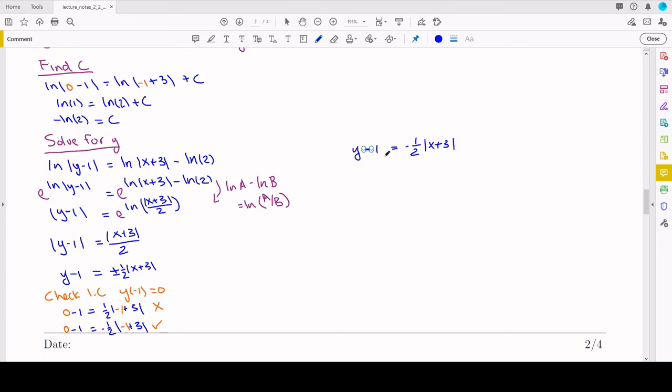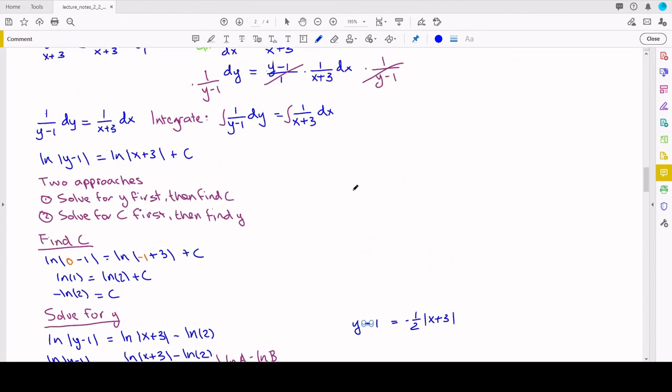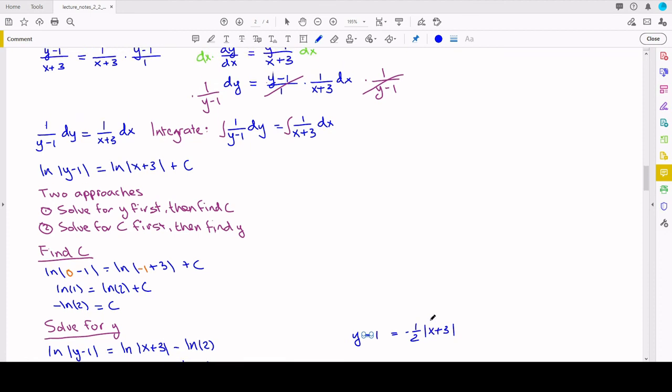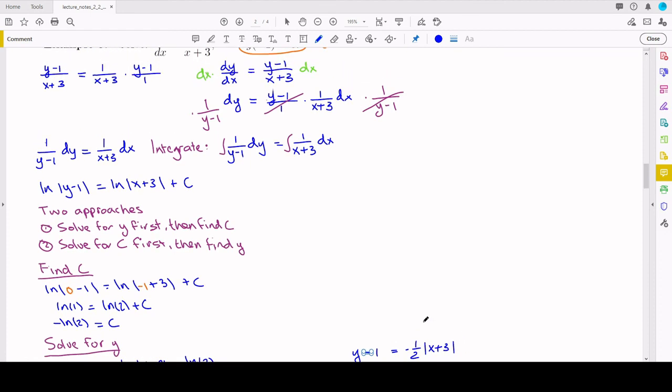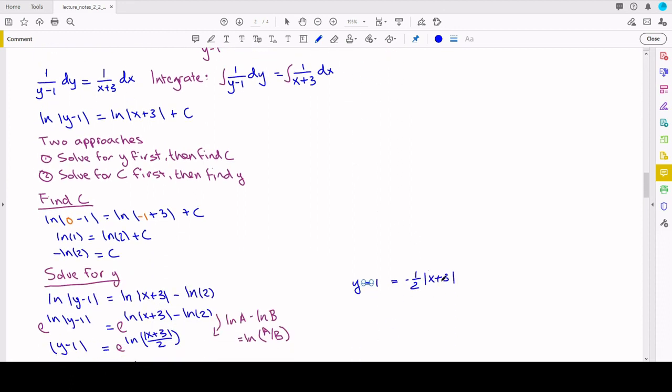And we have to worry a little bit about what branch of this absolute value we have. So think about x plus 3.